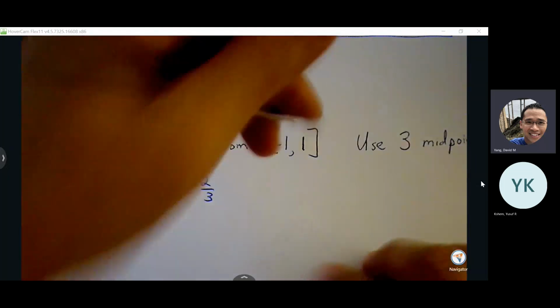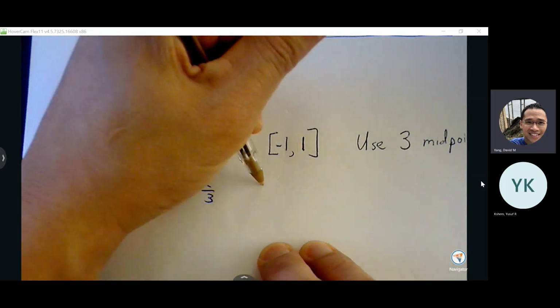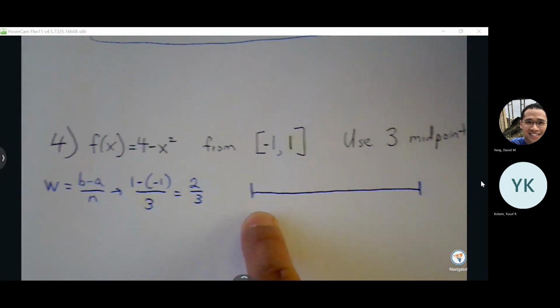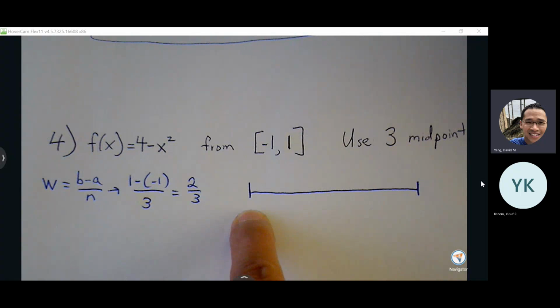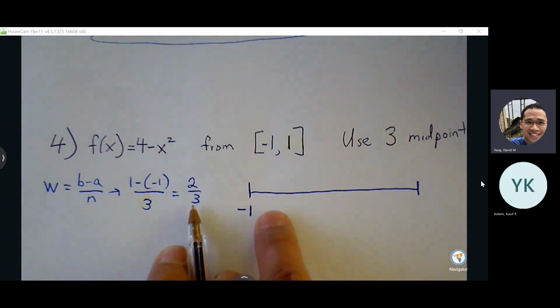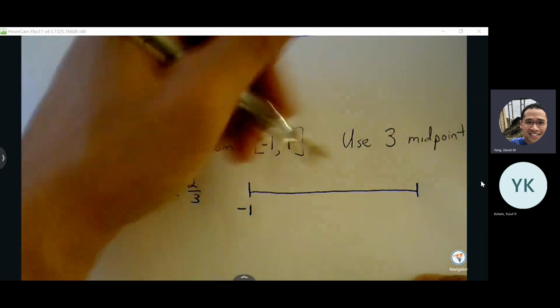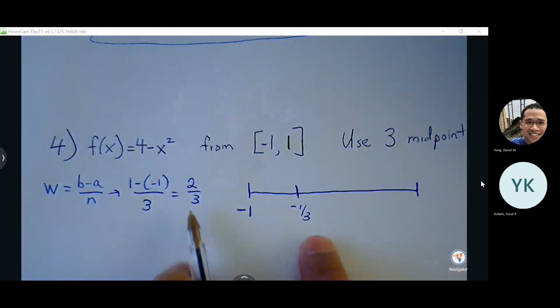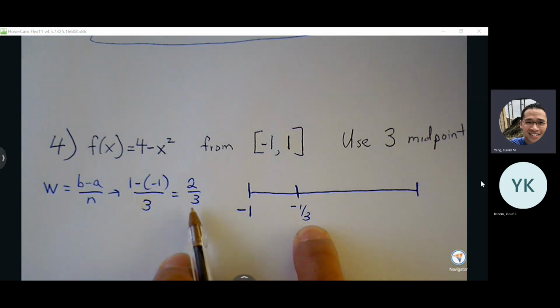Okay, so let's build our subintervals here. So we know we're gonna, where are we gonna start? What's our left endpoint? -1. So -1. I'm gonna keep adding 2/3 until I hopefully reach 1. So -1 plus 2/3, same thing as -3/3 plus 2/3. Okay, keep going, plus 2/3.